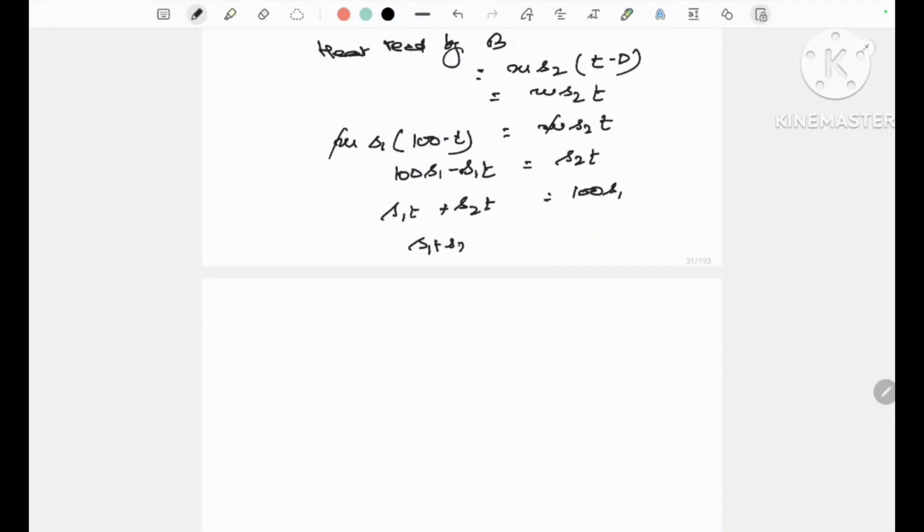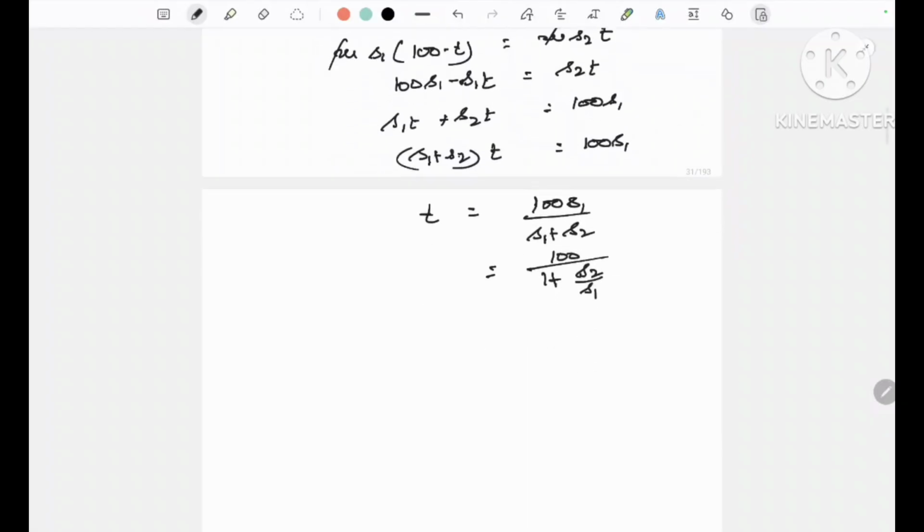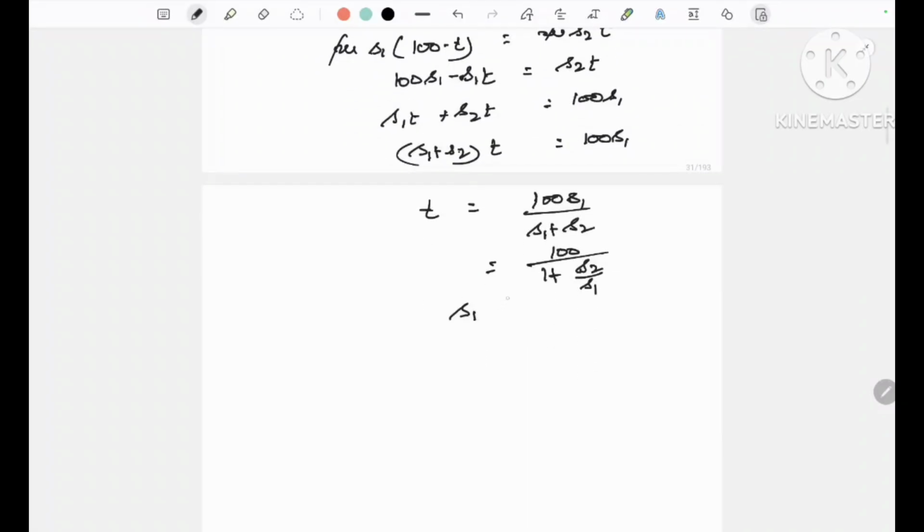(S1 plus S2) T is equal to 100 S1, or T is equal to 100 S1 by (S1 plus S2). Dividing numerator and denominator by S1, we get 100 by (1 plus S2 by S1).